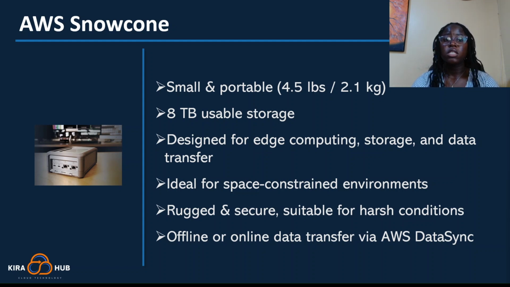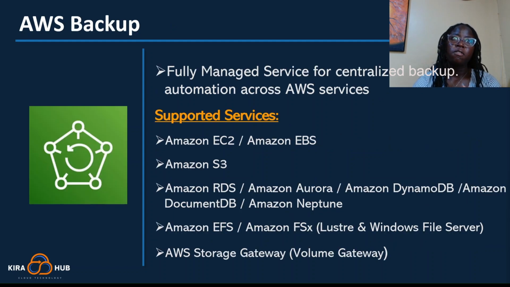So Snowcone is perfect for situations where maybe our Snowball device might not fit, especially in space constrained environments. It's designed to be secure, durable, and it requires external power, like batteries and cables, and can be sent back to AWS offline or connected to the internet using DataSync for seamless transfer.